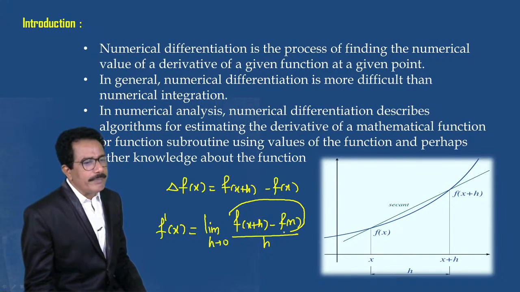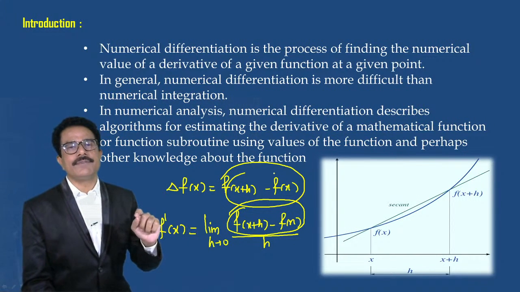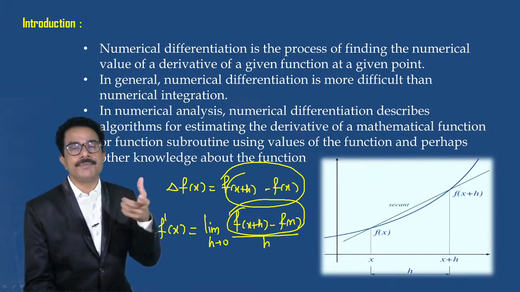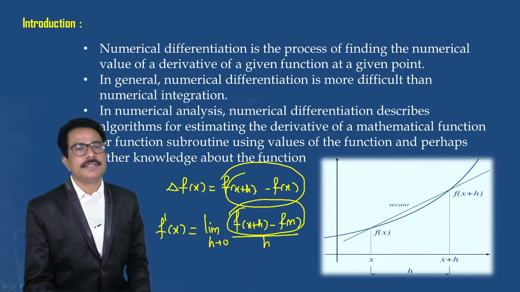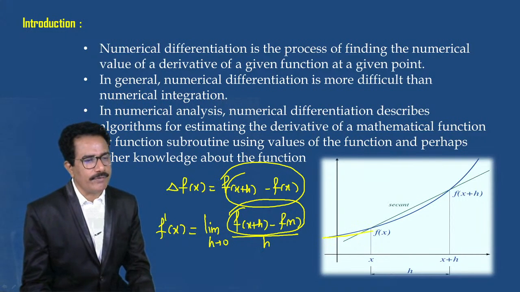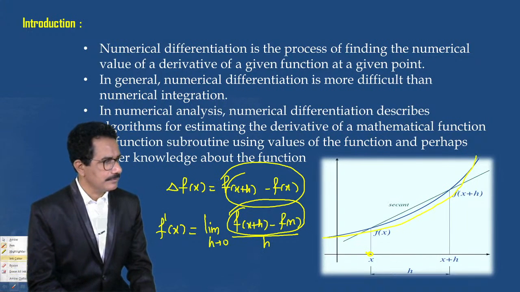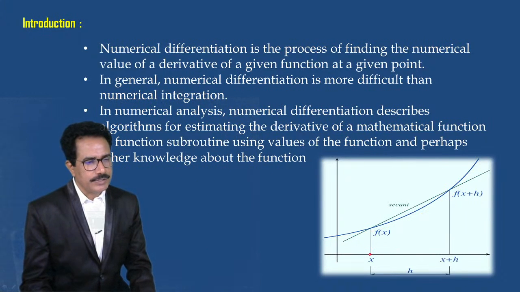That means we have to minimize this difference between the two terms of the function, and if this minimization exists, then we can say that the derivative of this function exists. In this way, suppose y is equal to f of x. See, this is the x axis, this is the origin, this is the y axis, this is a point x.